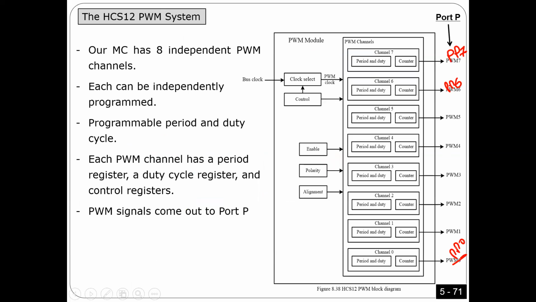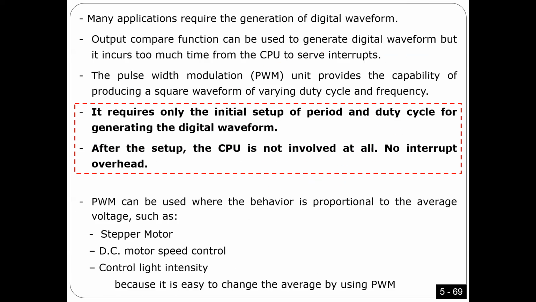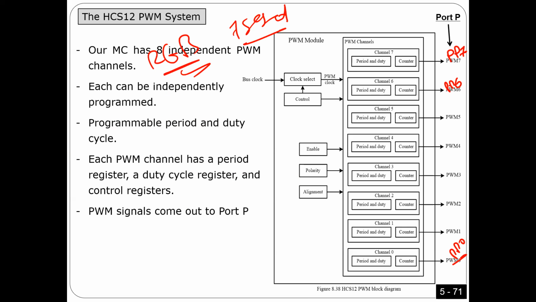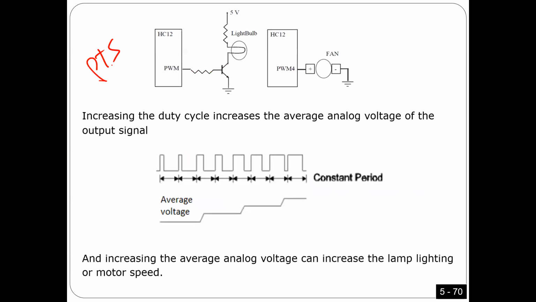So we have port P. Remember, we used port P before. We used it for RGB, right? We used it for the 7 segment, but we used it like a general purpose pin, 0 or 1. We didn't use it as pulse width modulation. That's true, right? Same thing for the timer. When you used PT5 in chapter 3, I used it like a pin, not a timer.